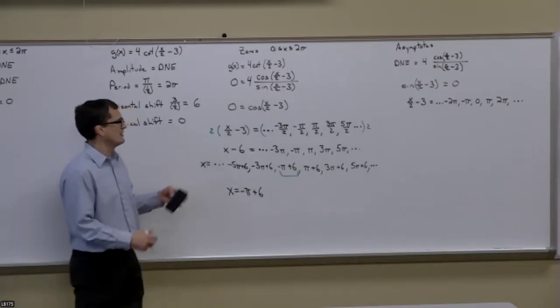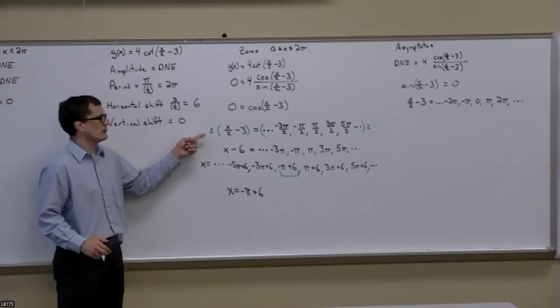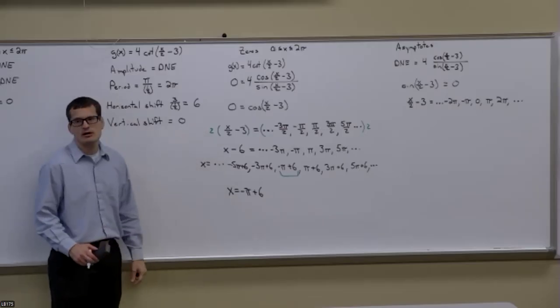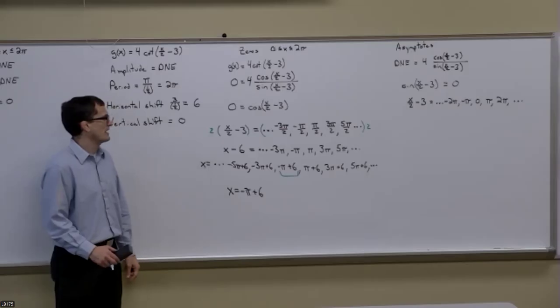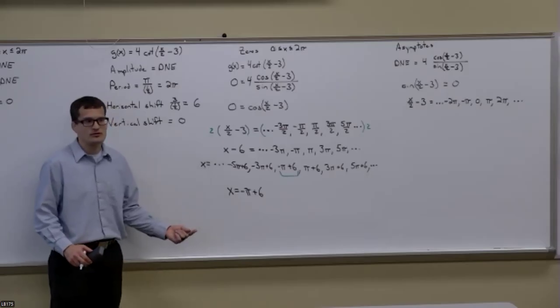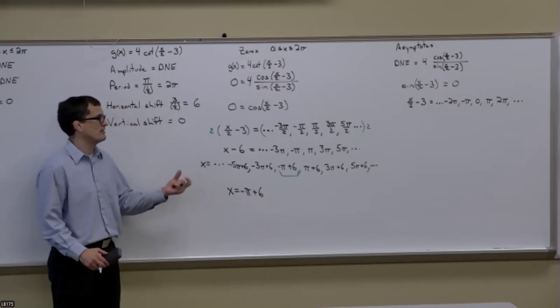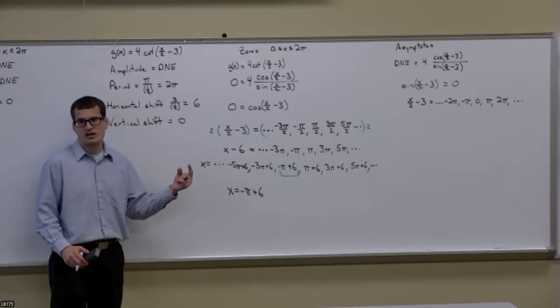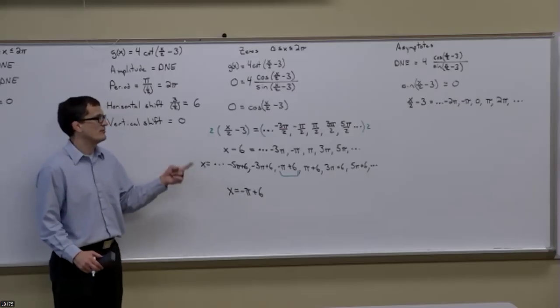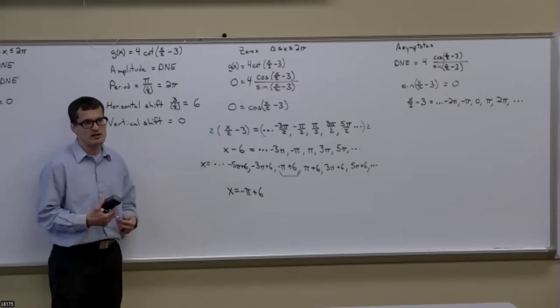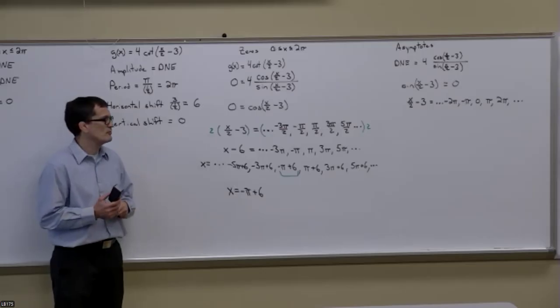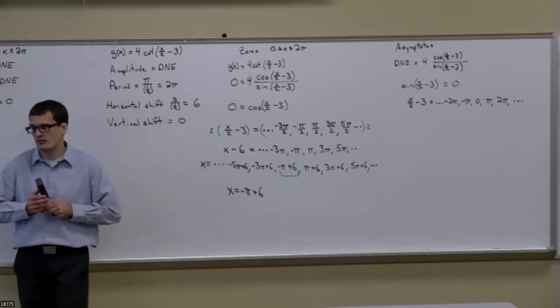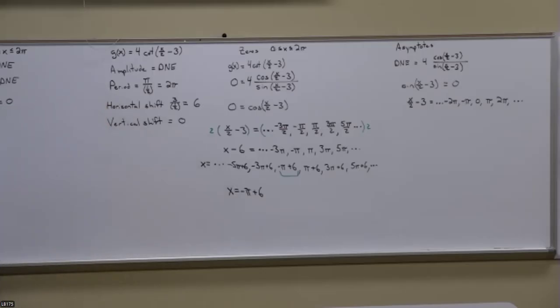And once again, we're at this stage where we can either multiply both sides by 2, or I can add 3 first. If I multiply both sides by 2, then I'd have to add 6. If I added 3 first, then I'd have to multiply both terms by 2. Does that make sense?